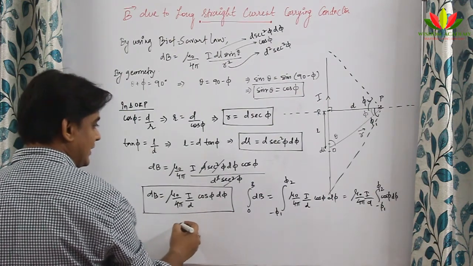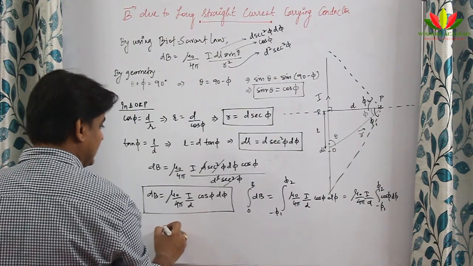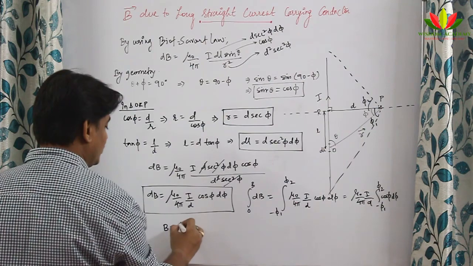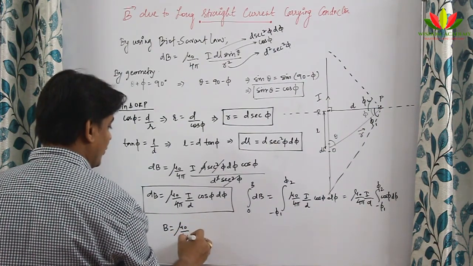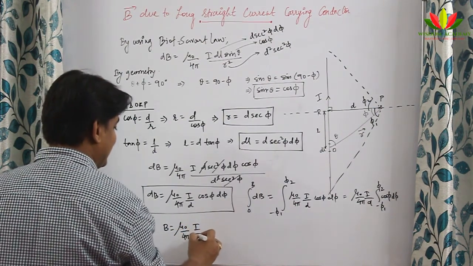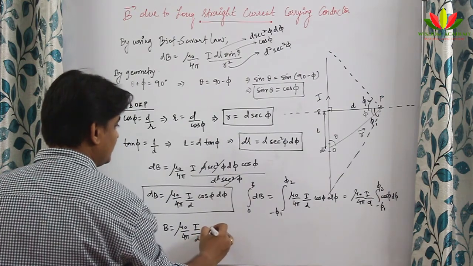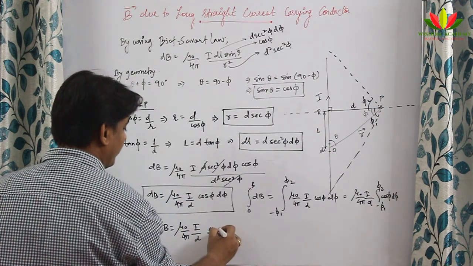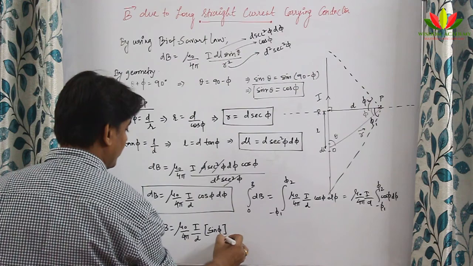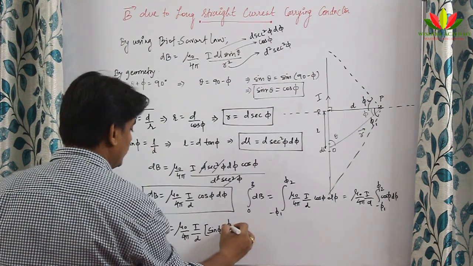So integration of cos phi is sin phi, and then I will get the value of B as equal to mu naught by 4 pi into I by d into sin phi, and the limit is from minus phi 1 to phi 2.